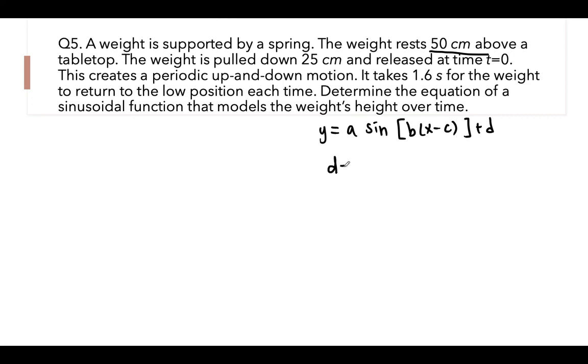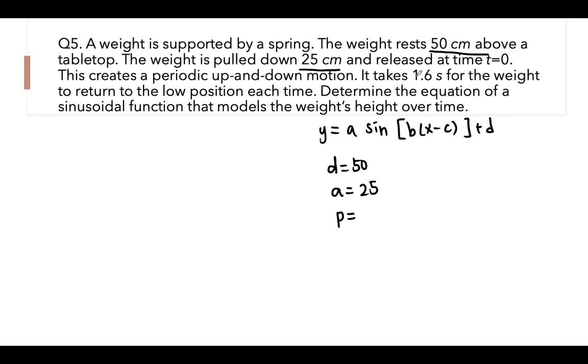So D is equal to 50 centimeters. And the weight is pulled down 25 centimeters and released at time 0. So you'll be pulling it down, which is like the radius of a circle. So amplitude in this case is 25. You pull it down 25, and then it's going to go up 25 centimeters.